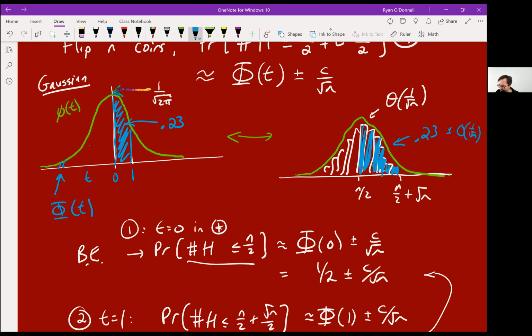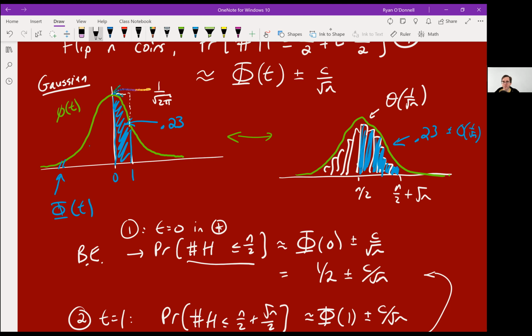This is 0, this is 1. You could say it's related to this rectangle, which has height 1 over root 2 pi and width 1. So we know that 0.23 is at most this.